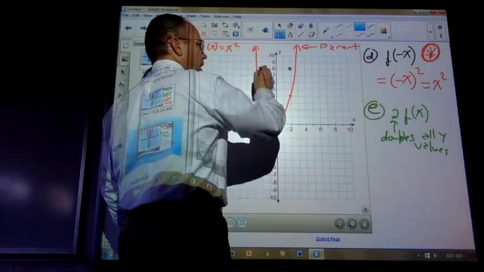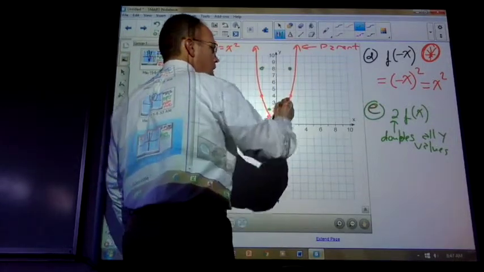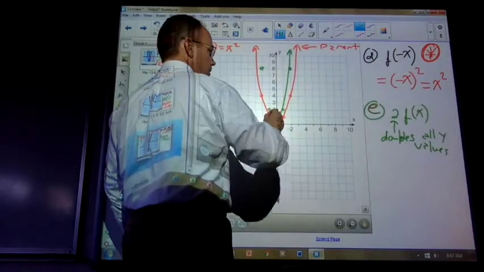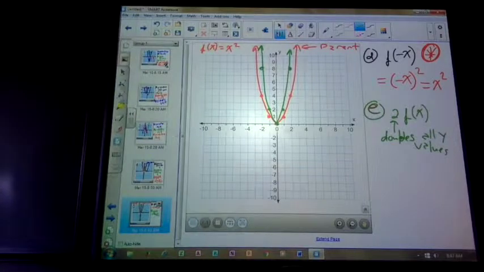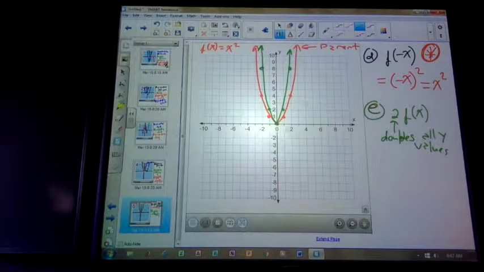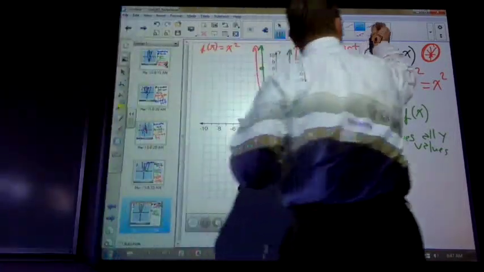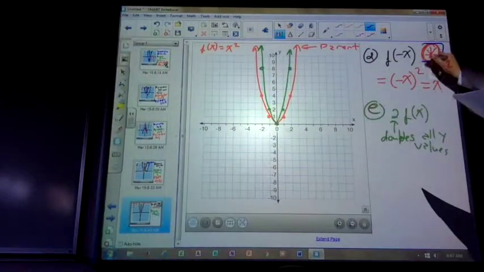And negative 2, 8. So this just stretches it. All right. Again, we're coming back to D, so don't worry.